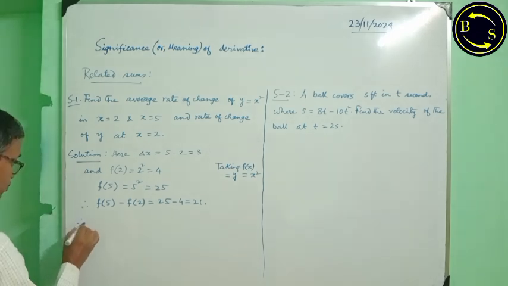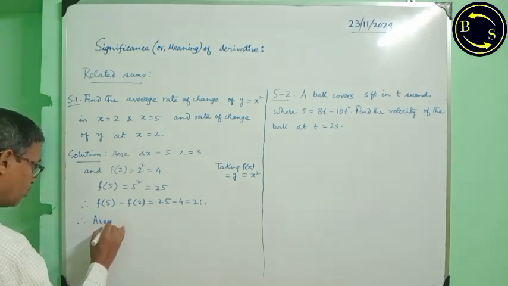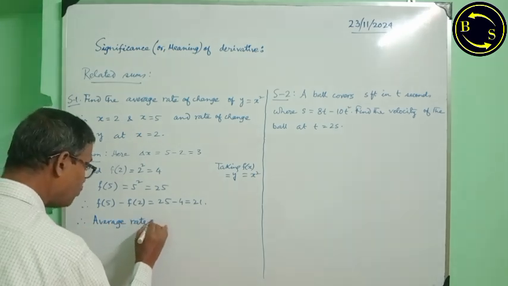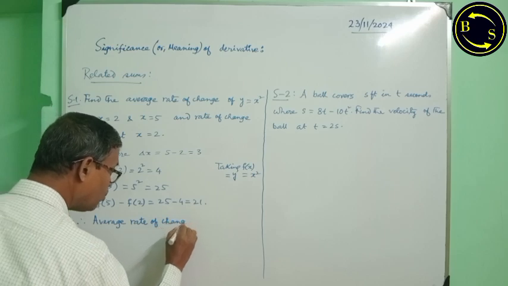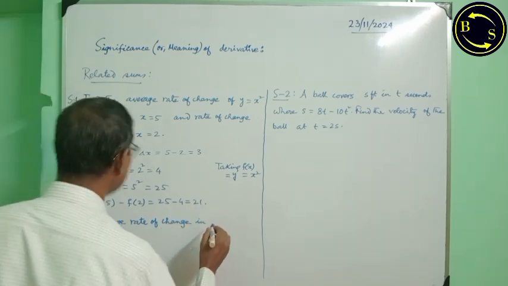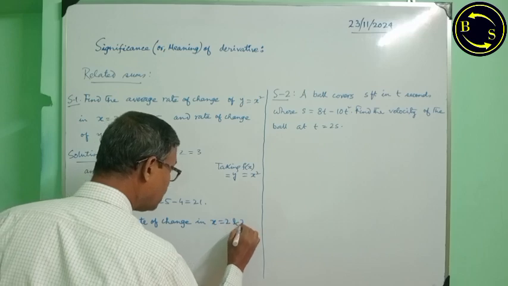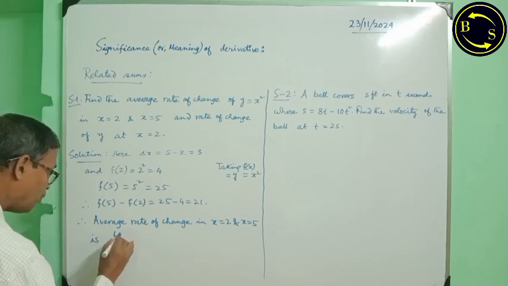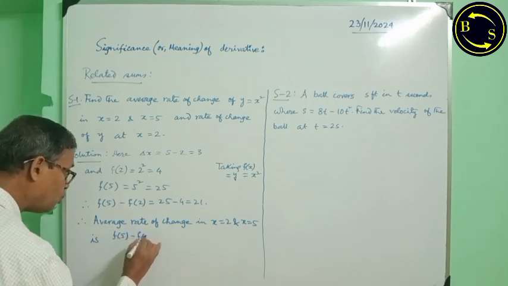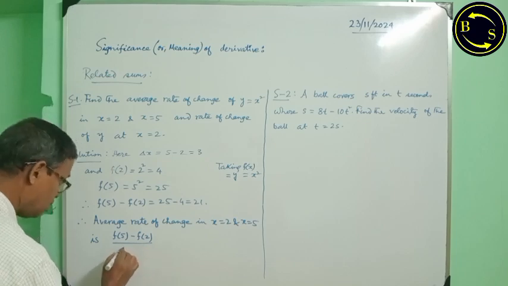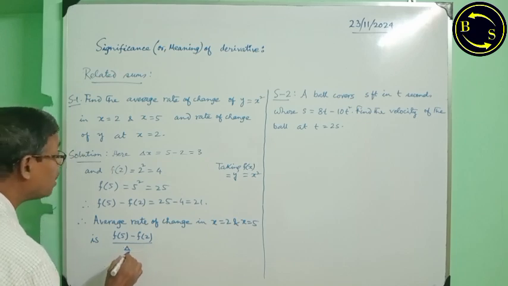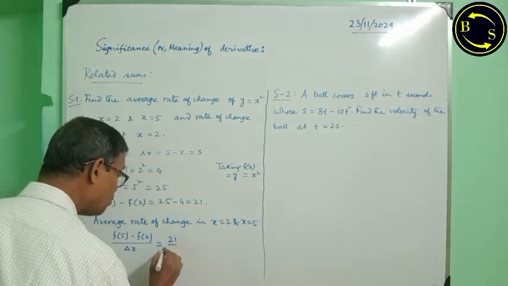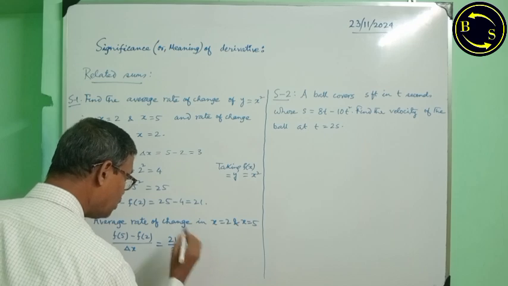Therefore average rate of change in x equal to 2 and x equal to 5 is f5 minus f2 by delta x, that is 21 by 3, 7.